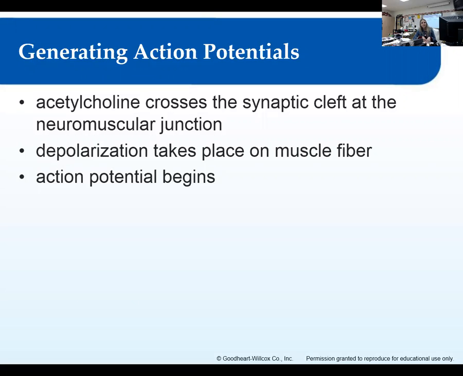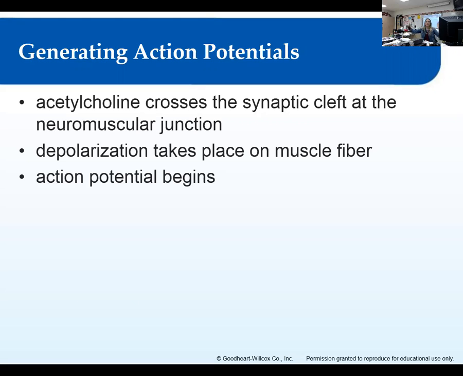And that transmits to the muscle, and that's what causes what's called a depolarization in the muscle cell. Depolarization is where you basically have a change of the charge of a cell. So what happens is this acetylcholine gets into the muscle fiber, which causes its sarcolemma, which remember is its plasma membrane, to become permeable to sodium.